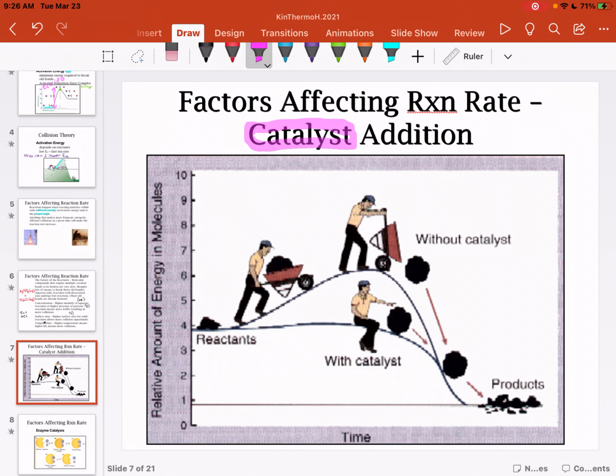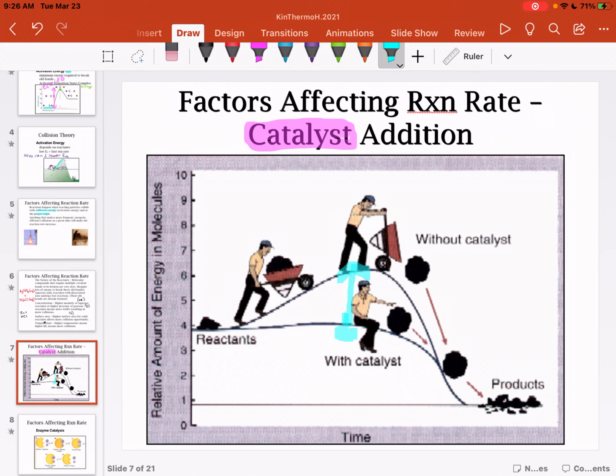And how does that catalyst work? Maybe you've heard of this in your bio classes, where you might have recalled that enzymes are catalysts. Catalysts work by taking the height of that hill. If you recall correctly, from reactants to the top of the hill is our activation energy.